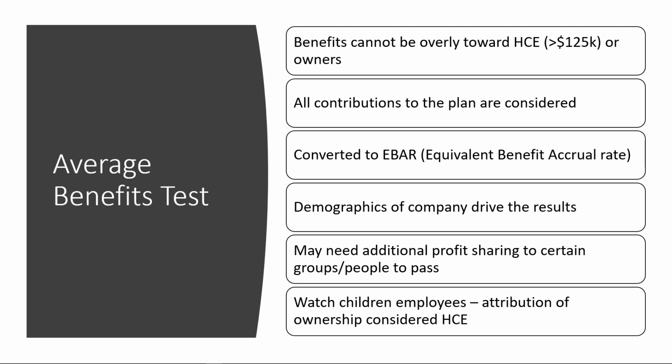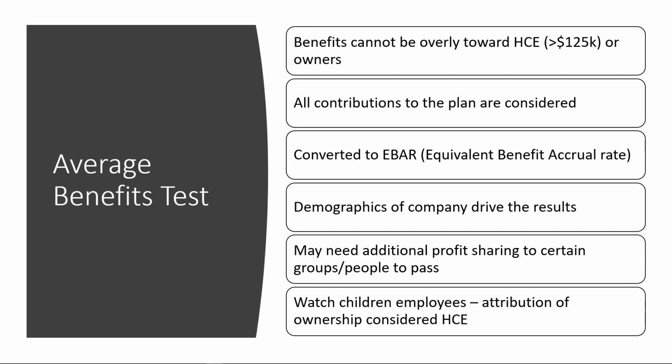Now, the last thing, I know one of the strategies we like to do, and Kevin Bassett, for those of you who know him, likes to do, is use our children in the planning of our companies. Now, you do have to watch children as employees because your ownership gets attributed to them. And so even if they're only making 10 grand a year, they're considered a highly compensated employee if they're related to the owner.